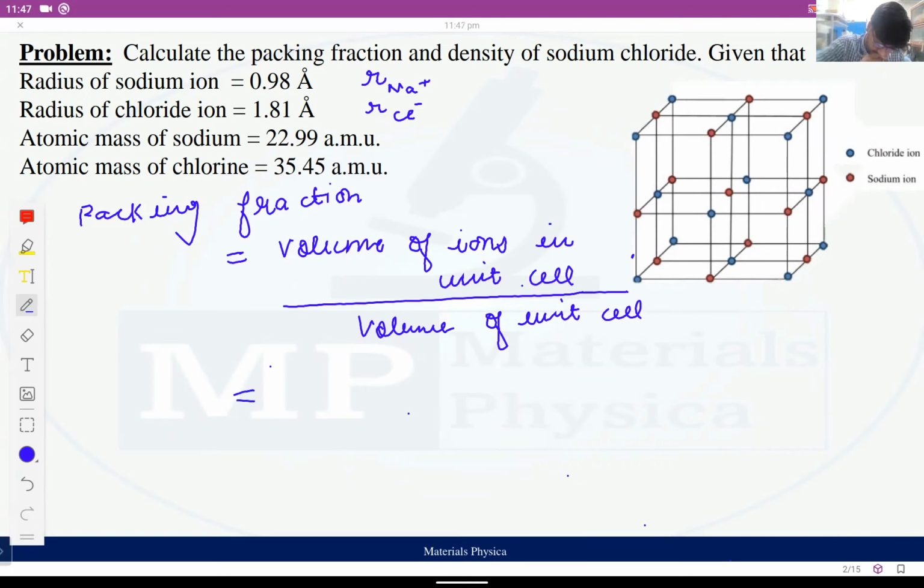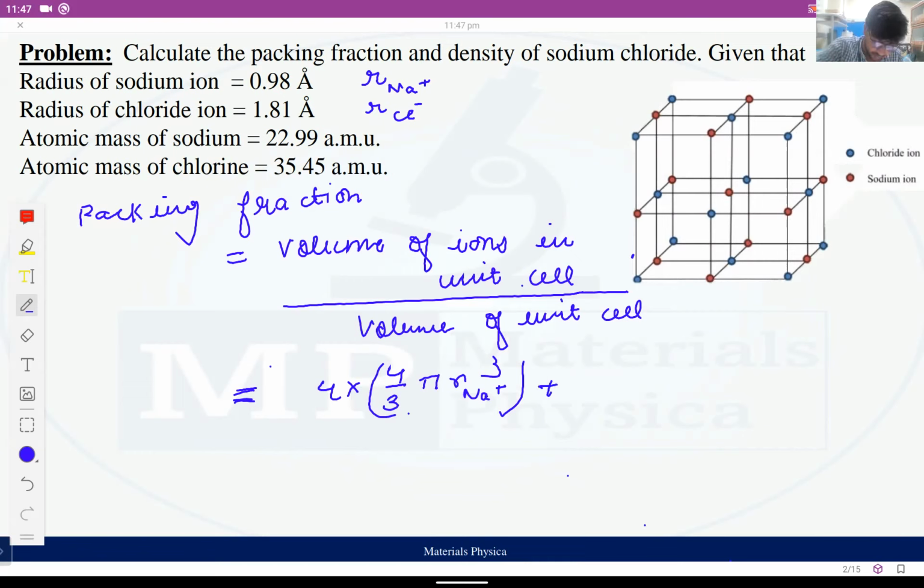So the volume of ions in the unit cell is equal to the number of sodium ions in the unit cell times the volume of a sodium ion, plus the same for chlorine. We know sodium chloride is an FCC structure. So for FCC, the number of atoms per unit cell is 4. So 4 into the volume of the sodium ion, which would be like a sphere, so the volume of the sodium ion is 4/3 pi r cube.